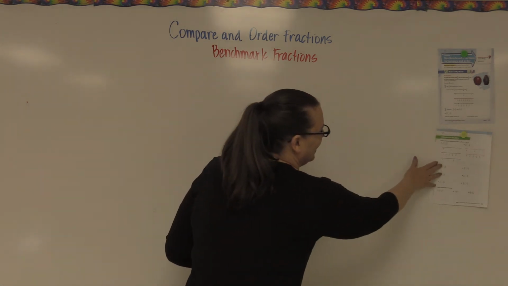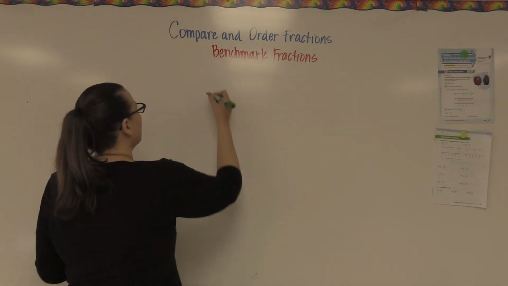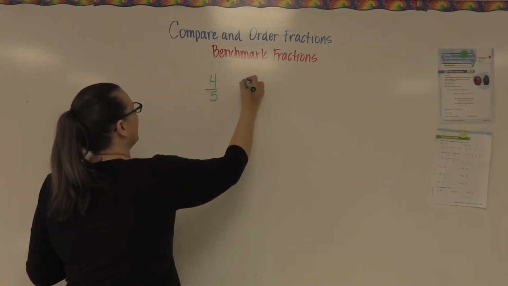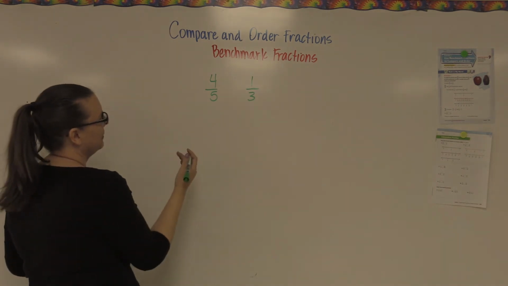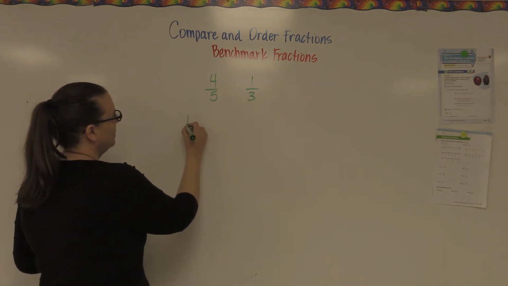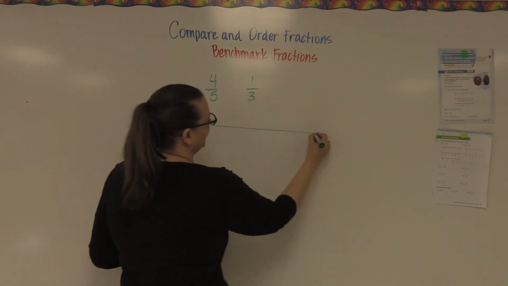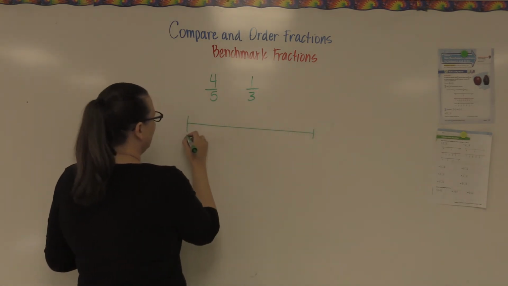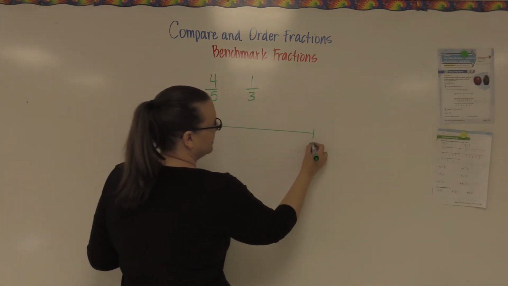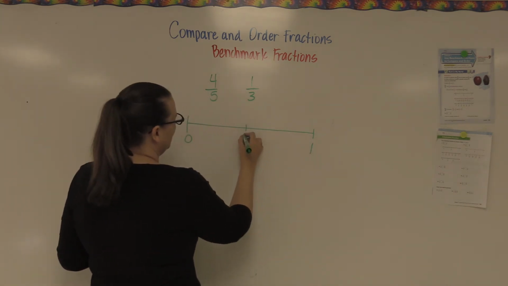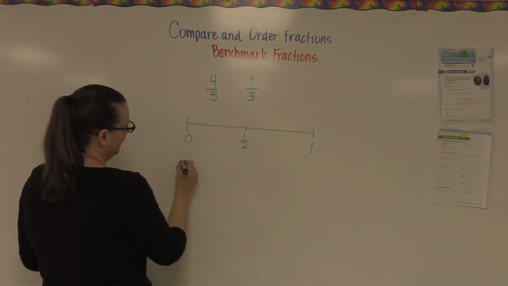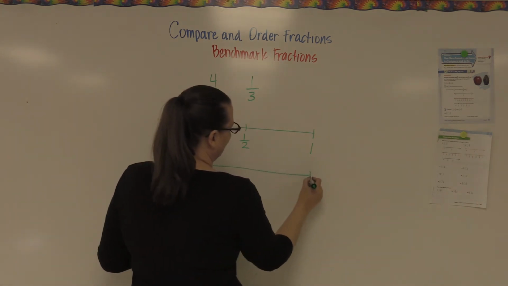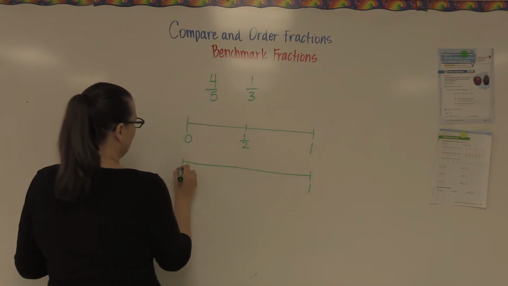So if I'm comparing the numbers 4/5 and 1/3, I'm going to do the same thing I did for the last problem. I'm going to use a benchmark set of fractions. So let's say this is 0, this is 1, this is 1/2 here in the middle. I'm going to have to set this number line up for fifths. Okay, so this is 0.